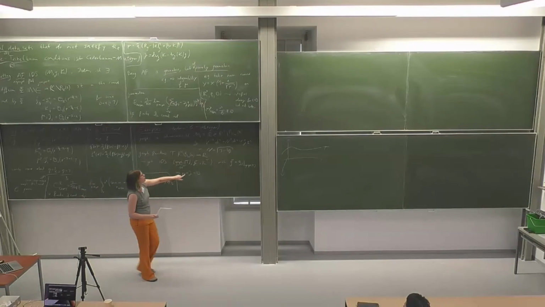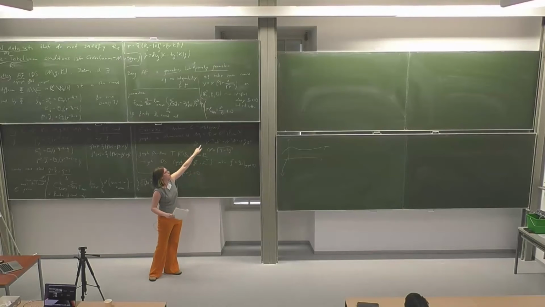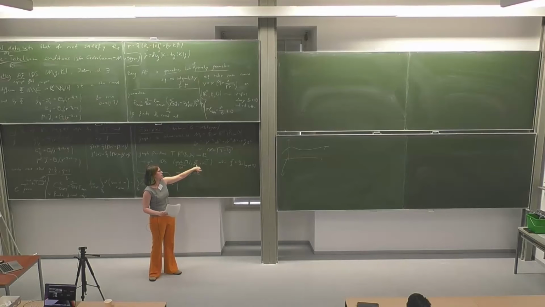And then, of course, since we understand the asymptotics of the Schwarzschild metric very well, we can easily compute the asymptotics of the GT metric and the asymptotics of the second fundamental form.